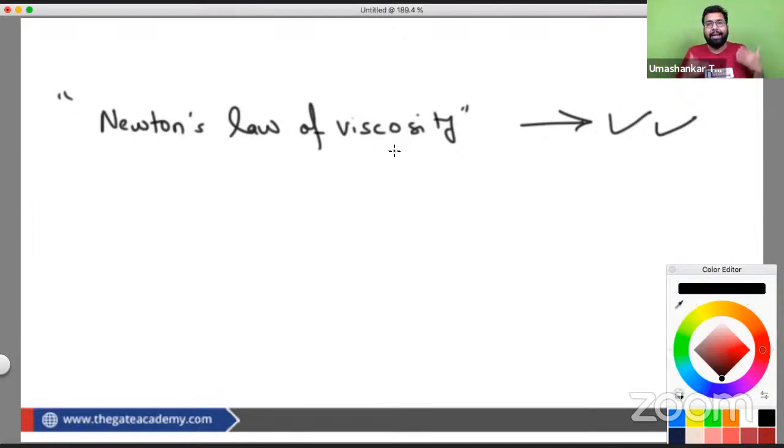Now, the second important concept. This is the first chapter of fluid statics, in which we see Newton's law of viscosity. Broadly, we call it properties of fluid. The rest of the things we must see on our own. We are here discussing the important concepts, not all the concepts.